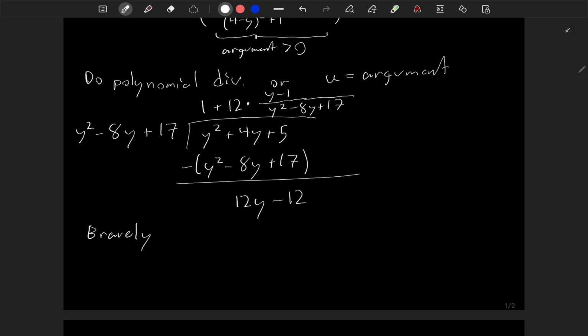Okay, so we did our polynomial division, so we can rewrite our integral like this.